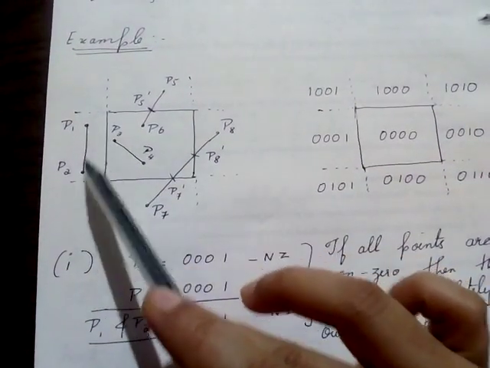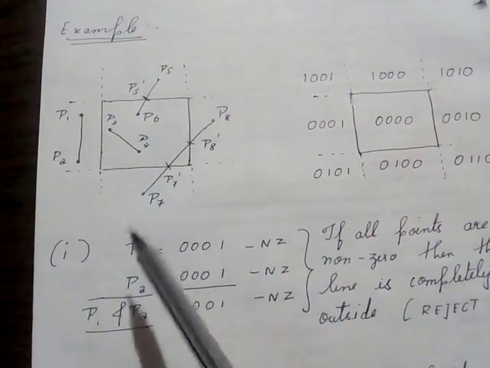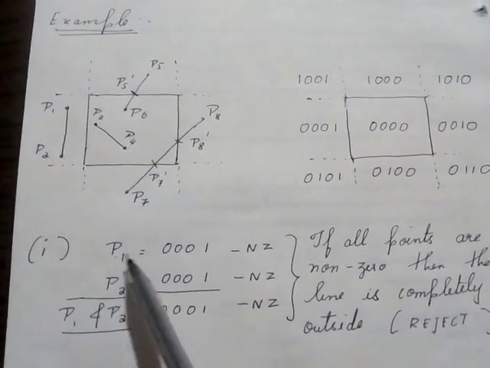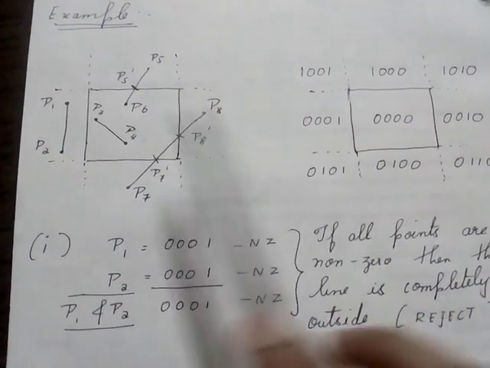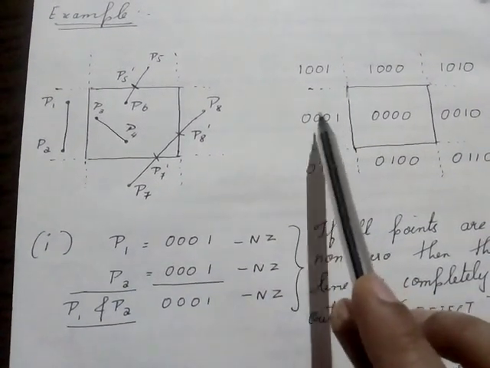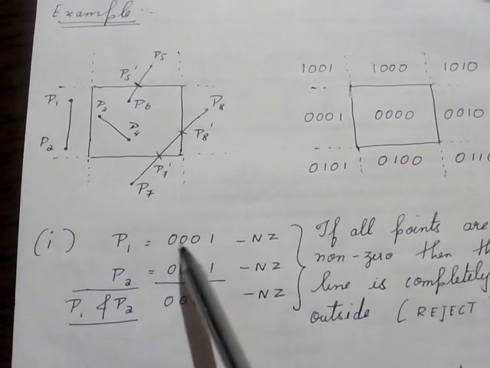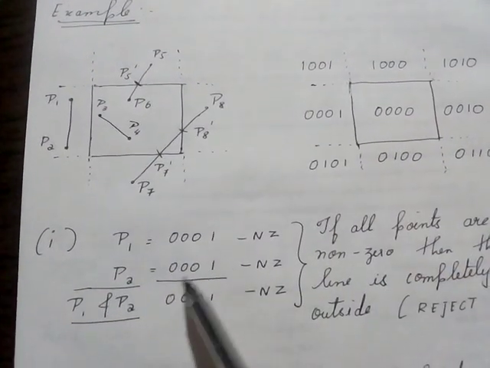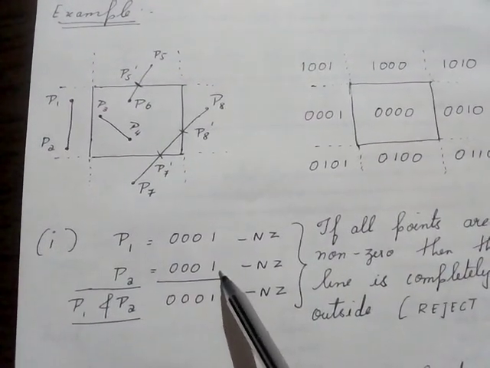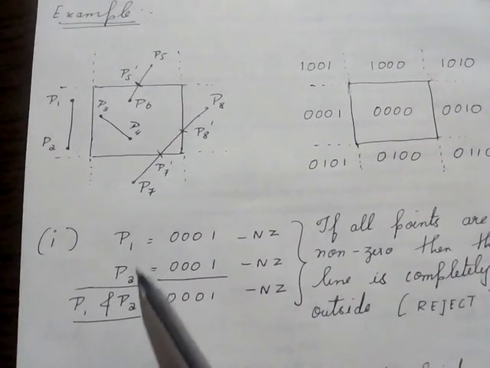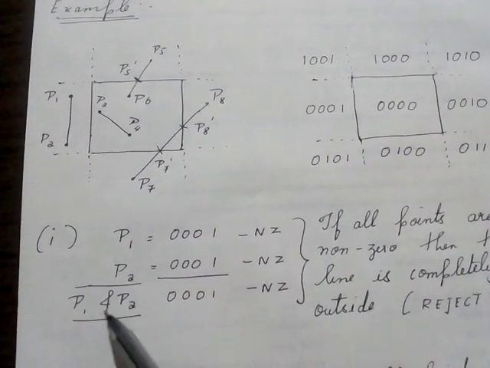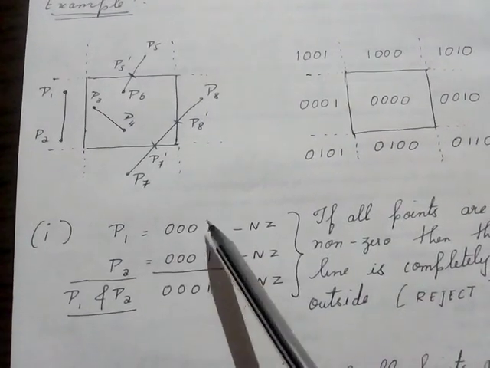Let us consider the first line P1 P2. As you can see, it is completely outside the window. P1 is in this region, so take the code 0 0 0 1. P2 also is in this region, so take 0 0 0 1. Now you have to perform a logical AND of these two points, P1 and P2. 0 AND 0 is 0, 1 AND 1 is 1.